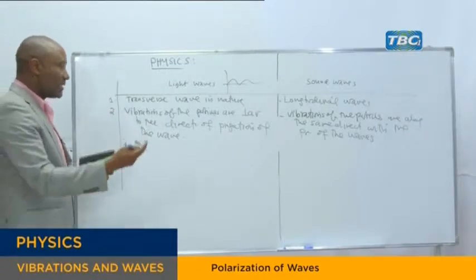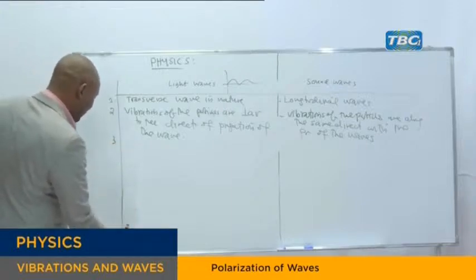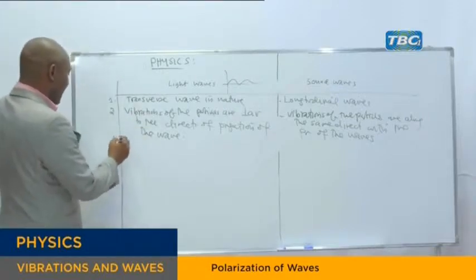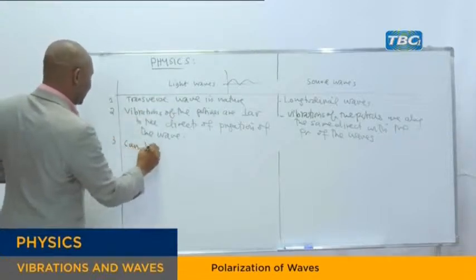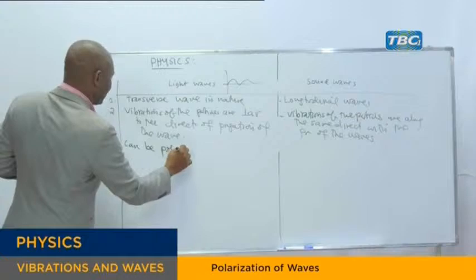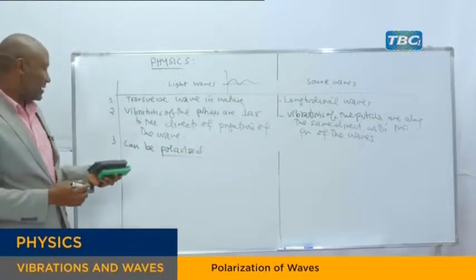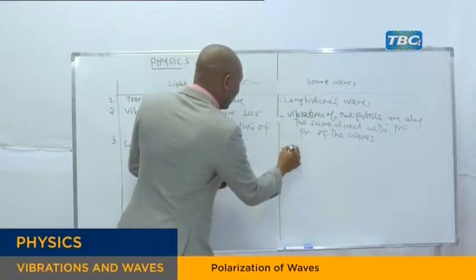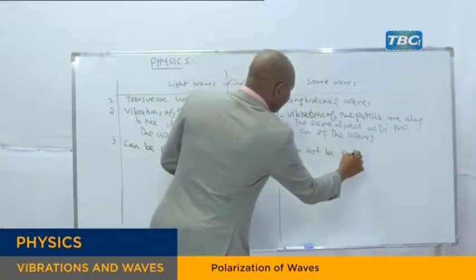Now, number 3: transverse light waves can be polarized. Can it be polarized? That's what we saw from our discussion. This cannot be polarized.